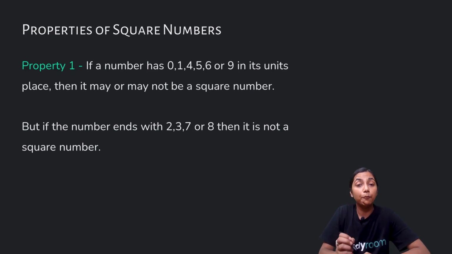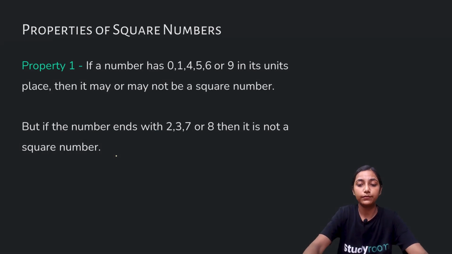But if the number ends with 2, 3, 7 or 8, then it is definitely not a square number. A number ending with any of these 4 digits, 2, 3, 7 or 8, can never be a square number.